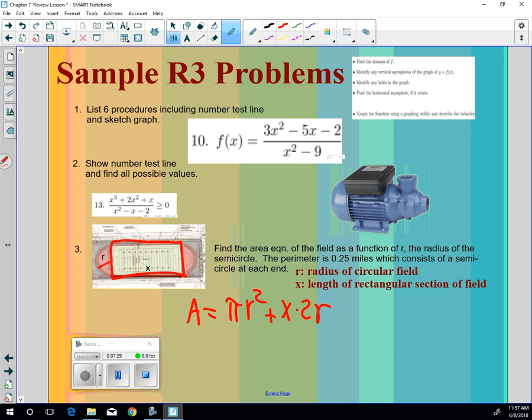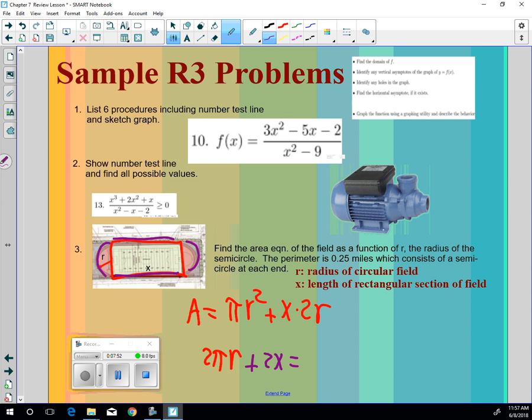So we're going to try to eliminate one of these variables. I'm going to get rid of x. To do that, the perimeter is going to be 2 pi r's, because that's the distance going around here and around here. And then we're going to have 2 x's to go around.